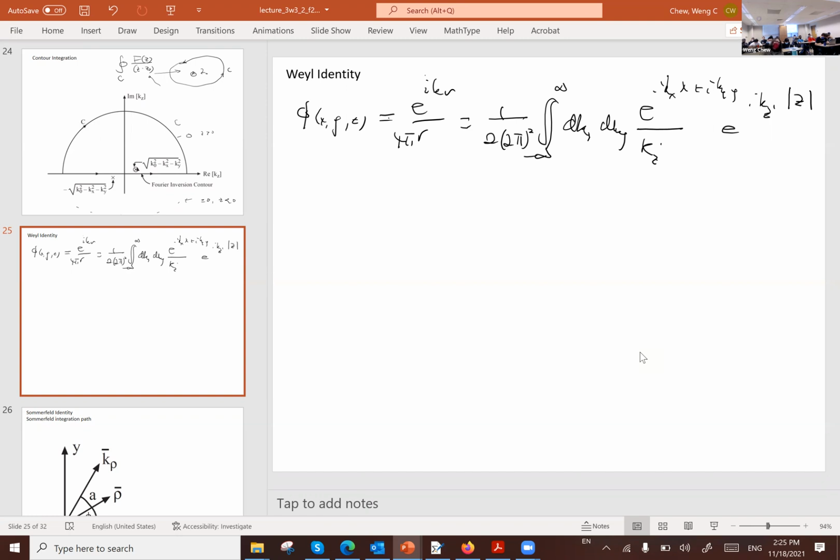Since it can be done for both positive and negative z.